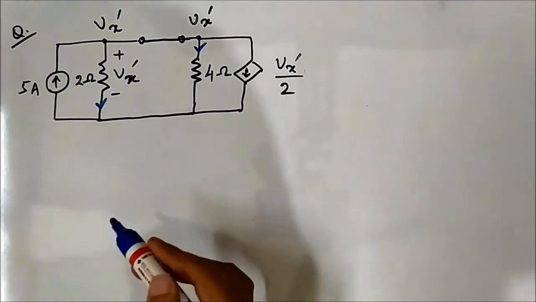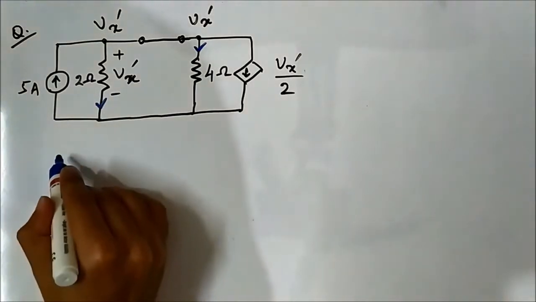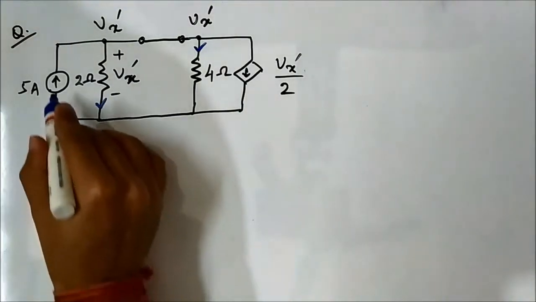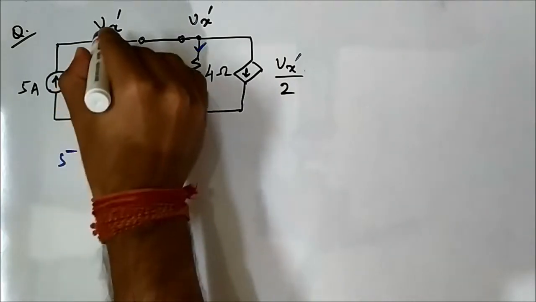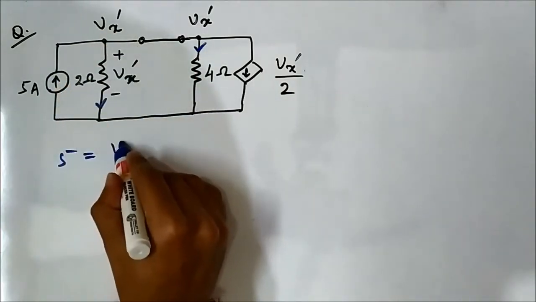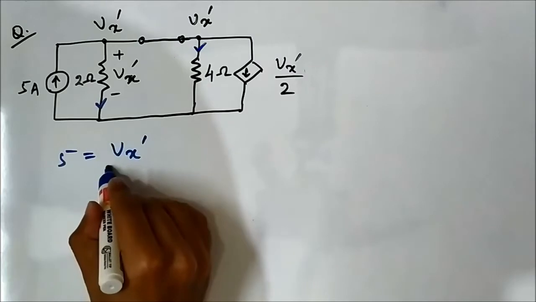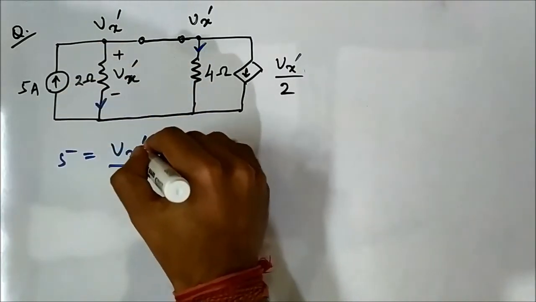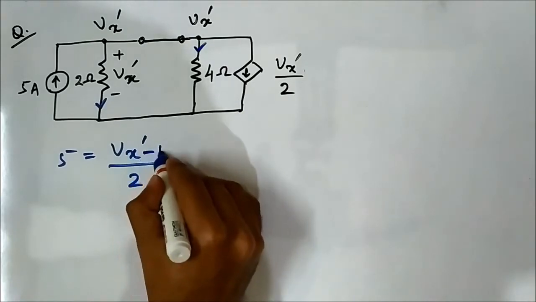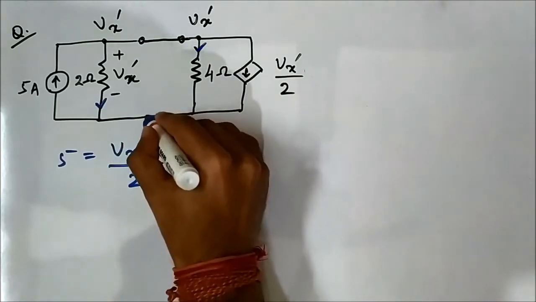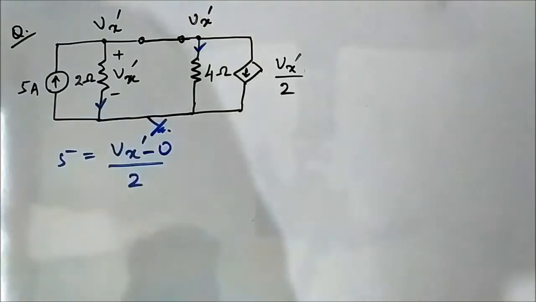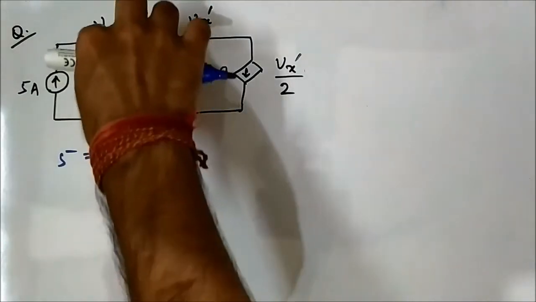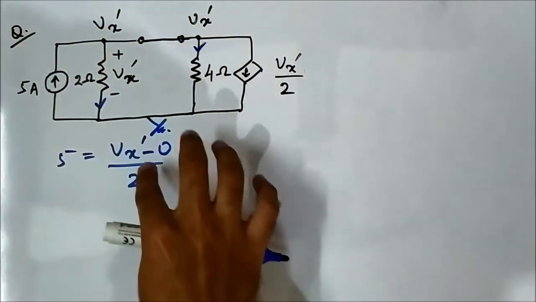So the nodal equation will be 5 is equal to Vx dash by 2. Vx dash by 2 means Vx dash minus 0 by 2. This is connected to ground. Okay, it means this Vx dash minus ground by 2.